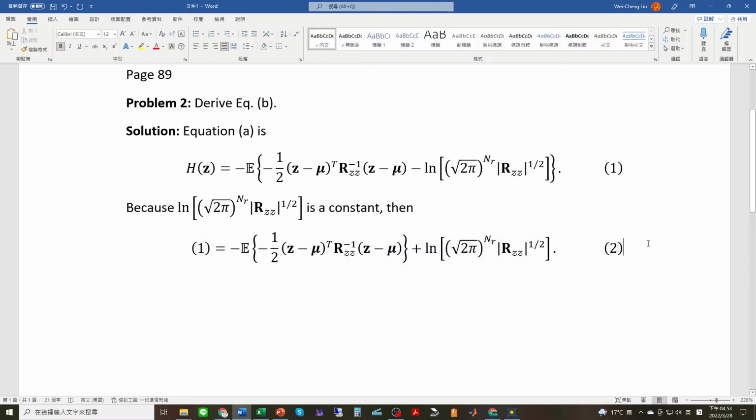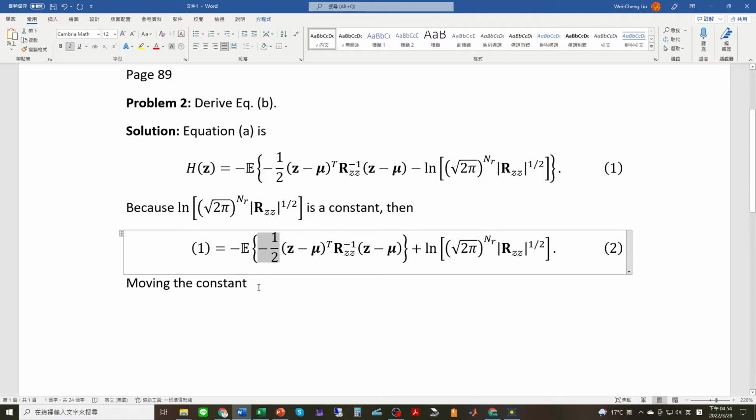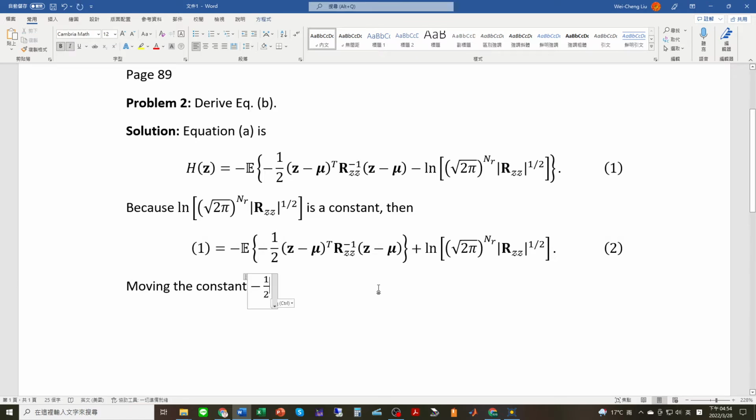Moving the constant minus 1 over 2 out of the expectation.